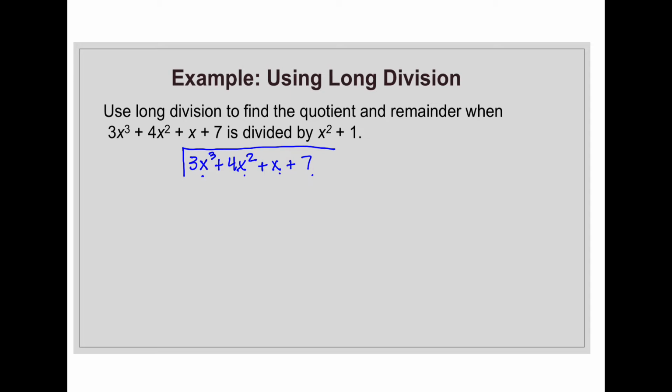My divisor is x squared plus 1. Notice that I'm missing an x term. We need to put that in there. So I'm going to put 0x in any spots in my divisor or my dividend where I have a missing portion.